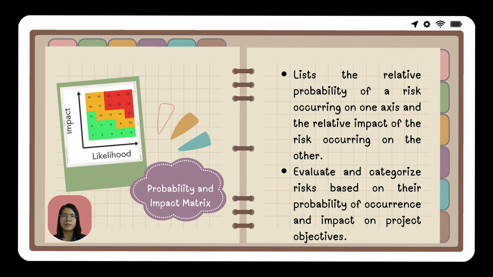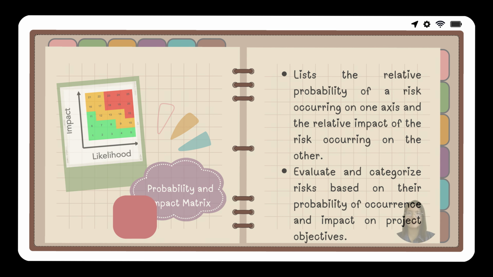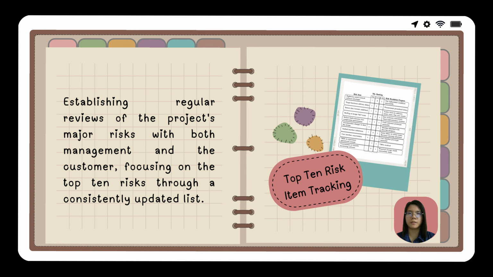It is used to evaluate and categorize risks based on their probability of occurrence and impact on project objective. Top 10 risk item tracking involves establishing regular reviews of the project major risks with both management and the customer. It focuses on maintaining a consistently updated list that highlight the top 10 risks.